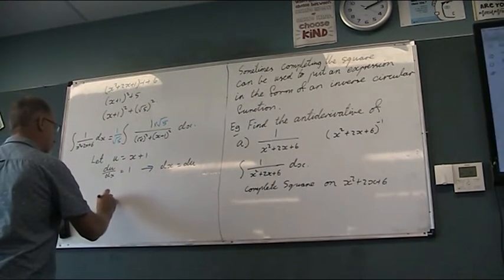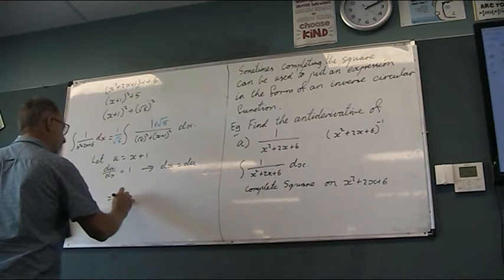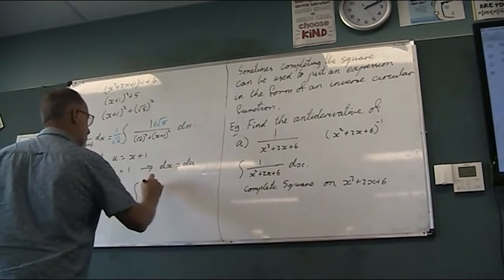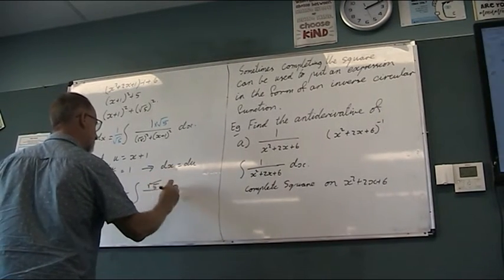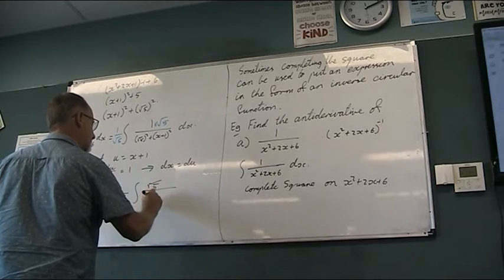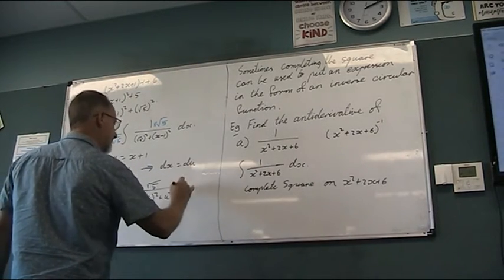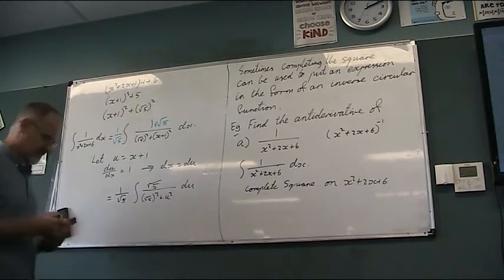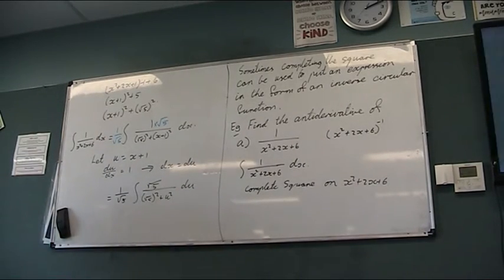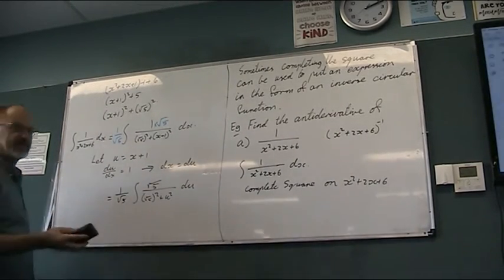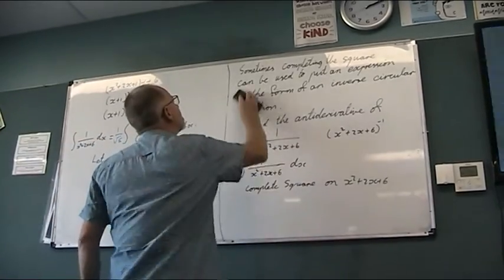So then what have we got? Well, we've got 1 on root 5, root 5 on top here. We've got the root 5 squared there, plus u squared, and dx is du. And so now we can use our inverse tan pattern.